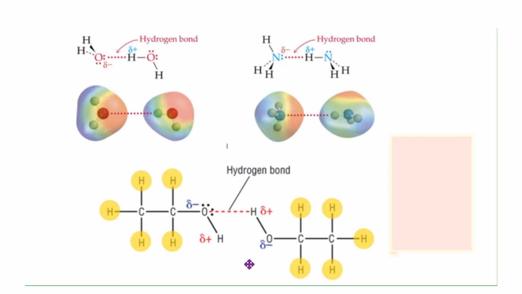Then if we have a look at an alcohol. Now alcohols, and you'll learn about it in organic chemistry, are molecules made of carbon and hydrogens, and they have an OH group attached to it.